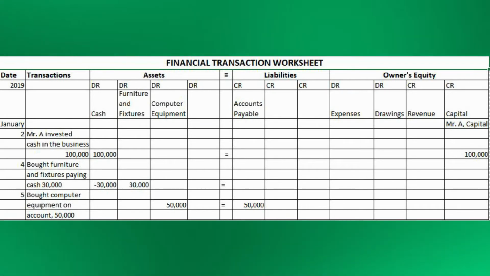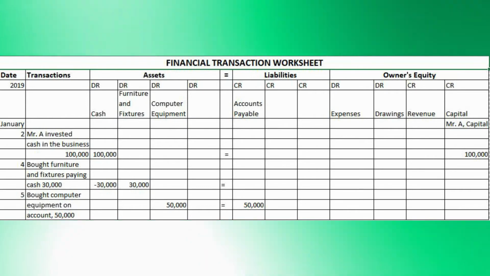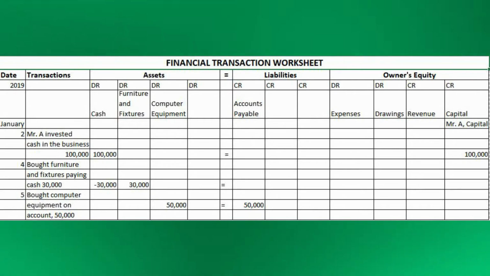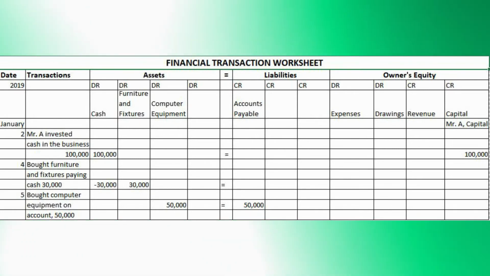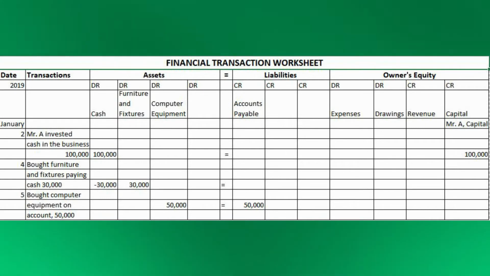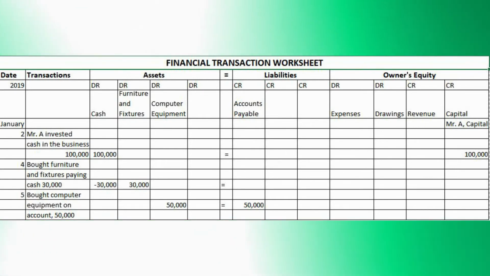On January 5, there is the acquisition again of computer equipment. This time, there is an incurrence of liabilities. So on the left side, you have another column for computer equipment, 50,000. There is an increase. And on the right side, there is the incurrence of a liability, accounts payable, 50,000.